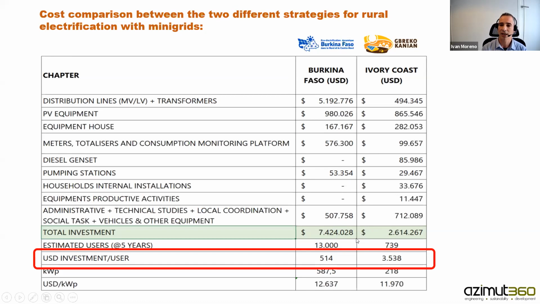In the case of centralized, we can provide to many more users. So this means the investment per user decreases a lot in the case of centralized models. You can see 514 versus 3,500. This is quite less in the case of centralized.